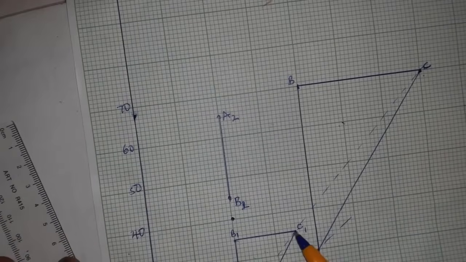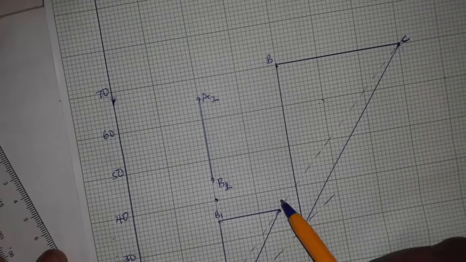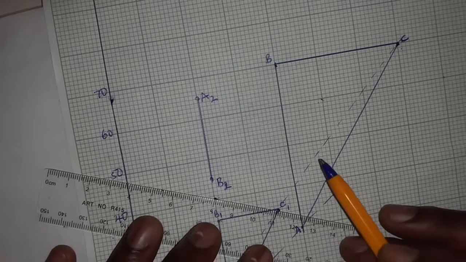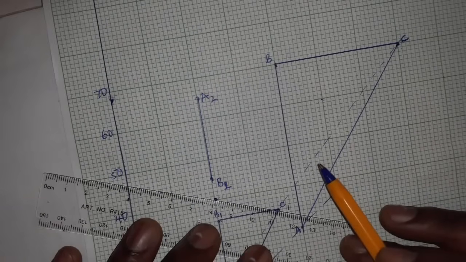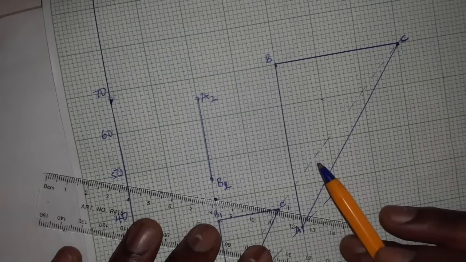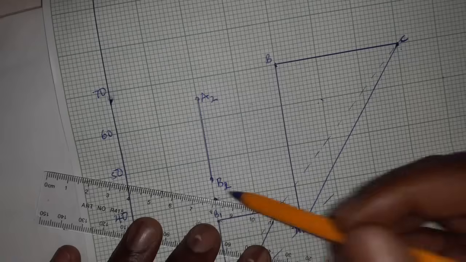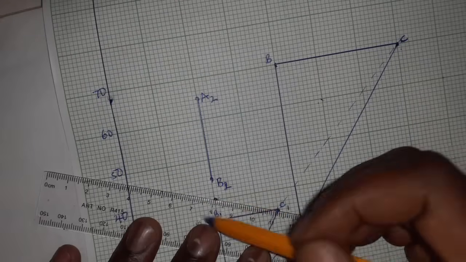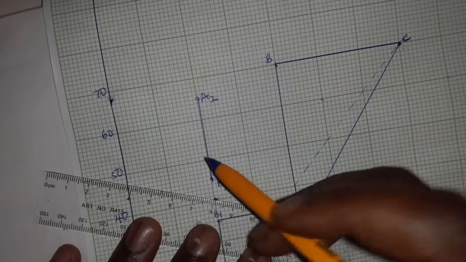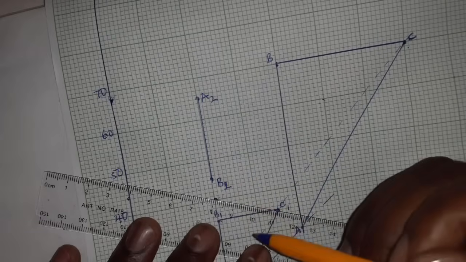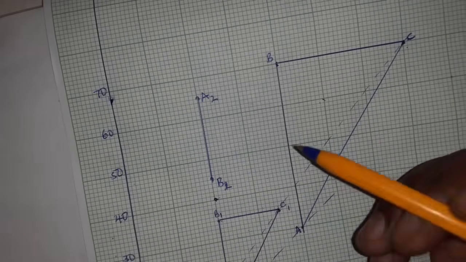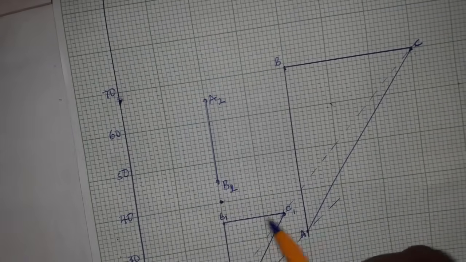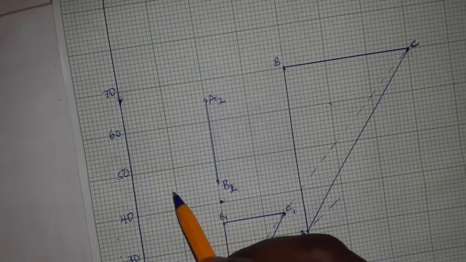Now we are looking at this one. This point, which is C, has to rotate. When you look at this point, it has to move from this point to this point. Now it has to go to the other side here, because we need to have 180 degrees. So we can look at this point and say this distance that we had here, this side will have the same.